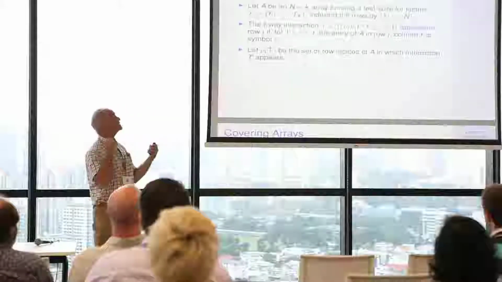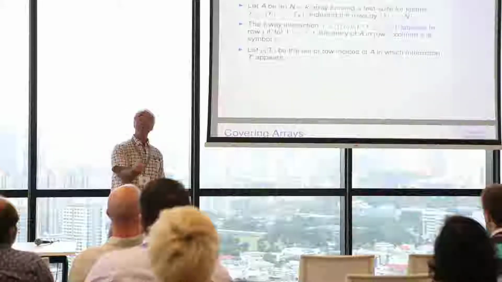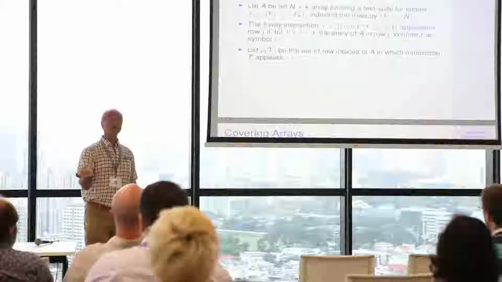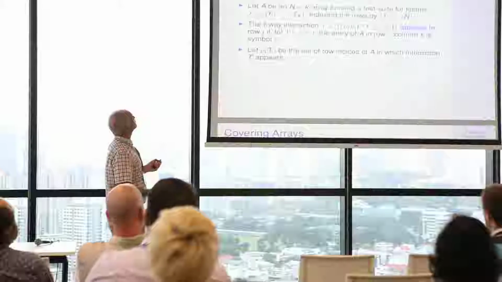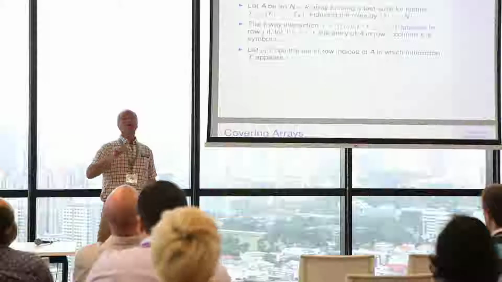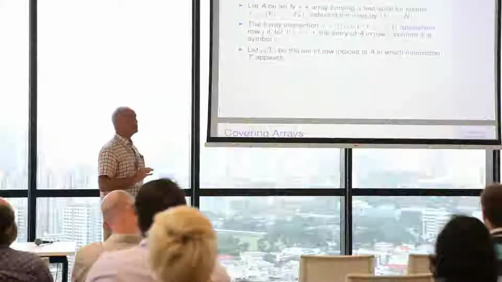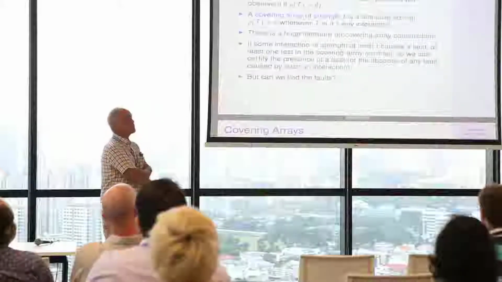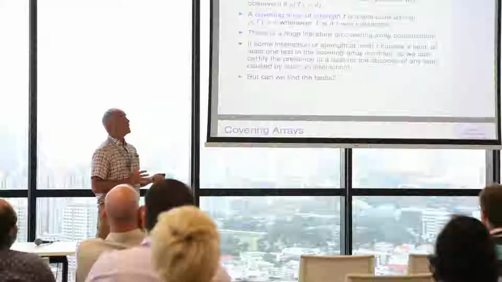If the answer is yes, we say that that interaction appears in that test or appears in that row, sometimes is covered by that test or is covered by that row. And this notation here, row of T, says this is the set of rows in which the interaction T appears. Okay? So, for many years, people have been looking at these objects called covering arrays.